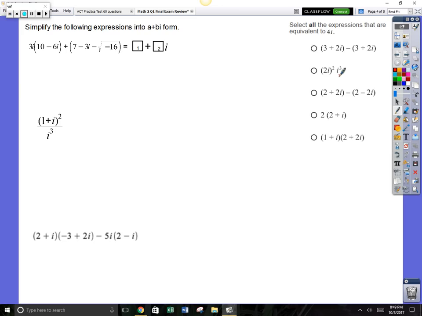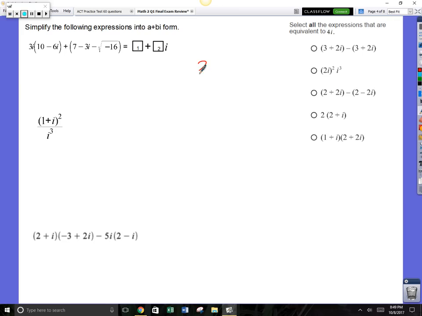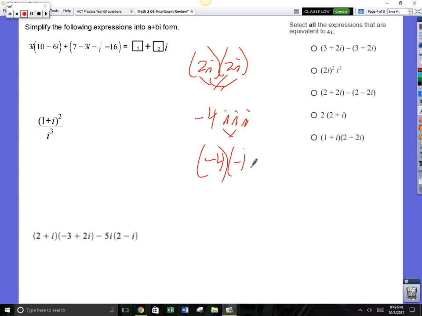Okay, (2i) squared times i cubed. 2i squared, 2i expanded, 2i times 2i. 2 times 2 is 4. i times i is negative. Then you need to times it by i. Okay, i cubed is negative i, so you got negative 4 times negative 1 times i. Negative 4 times negative 1 is positive 4i. So that one, yes.